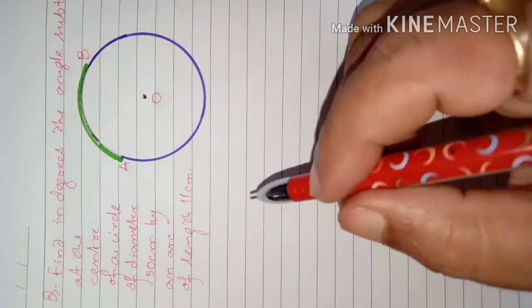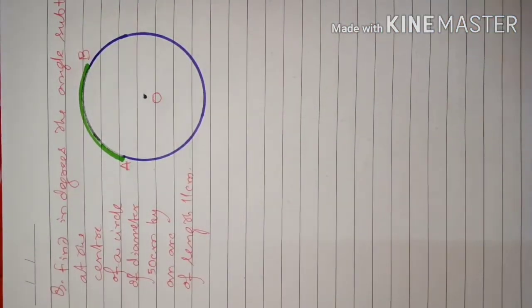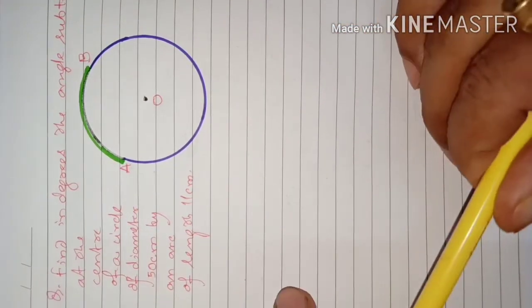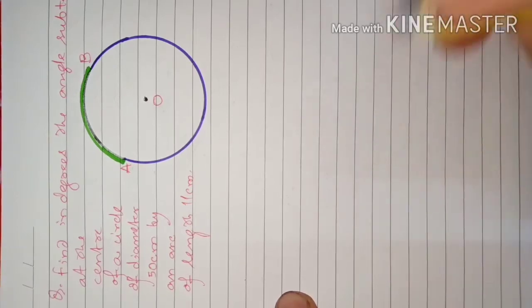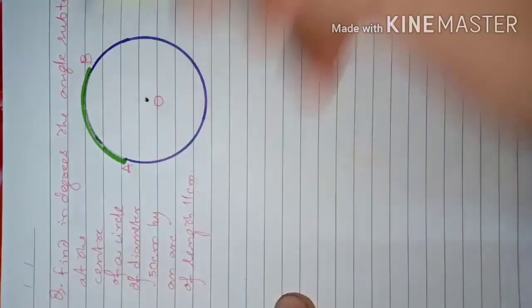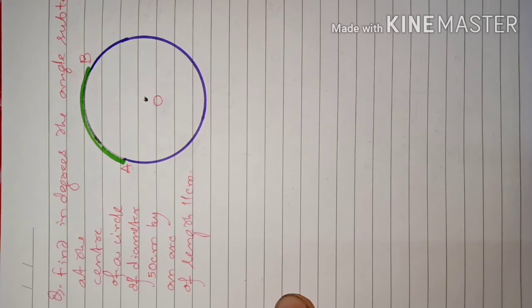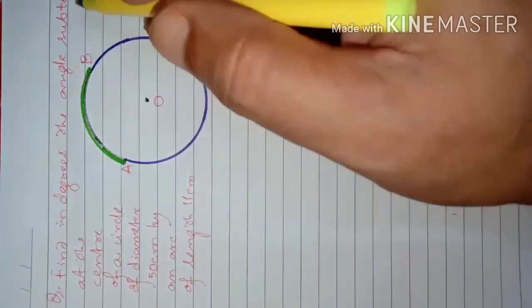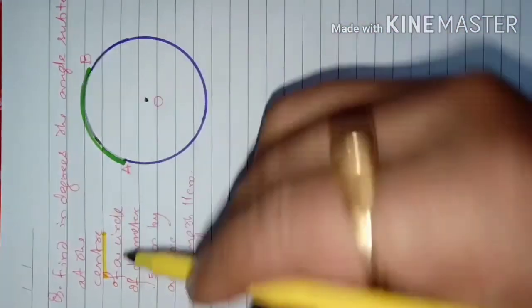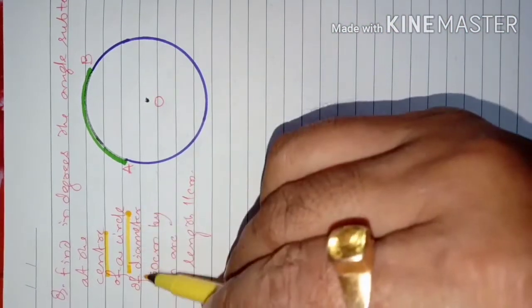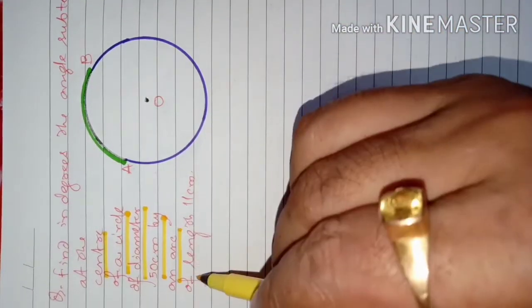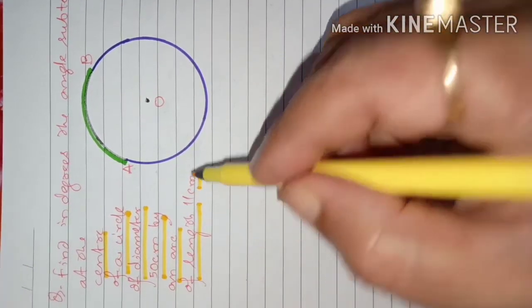Let us take this question. It is asked: find in degrees the angle subtended at the center by a circle of diameter 50 centimeters by an arc of length 11 centimeters.